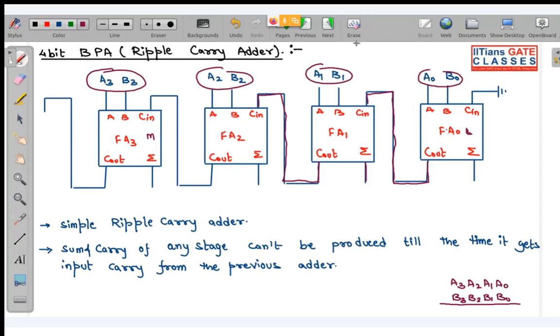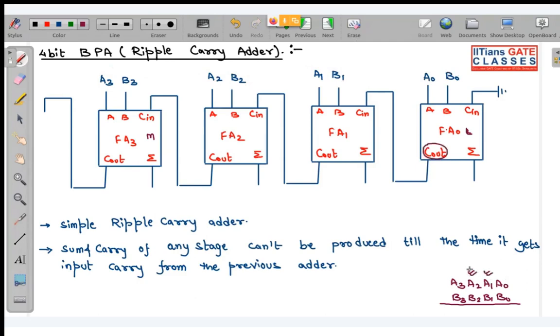Now in this circuit, you can see that the carry generated at each stage are your intermediate carries.